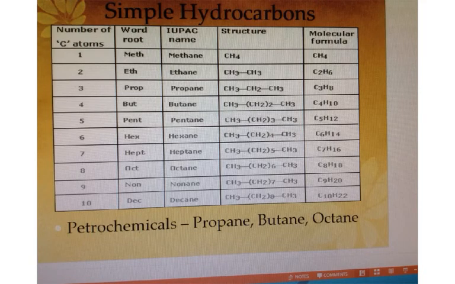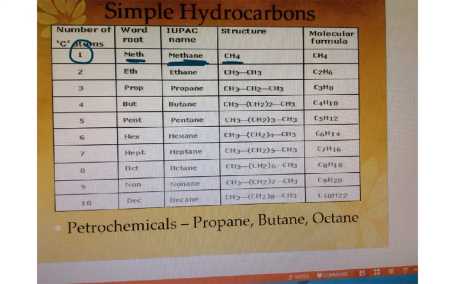What I'm going to put up here next is a picture, or a chart of the various hydrocarbons. Forgive me for the photo quality. Yes, this is totally a screenshot off of my computer and you're looking at the PowerPoint, but it works. These are the simple hydrocarbons, okay? If there is 1 carbon atom, all right, we use the root word meth, and so the name of it is methane.